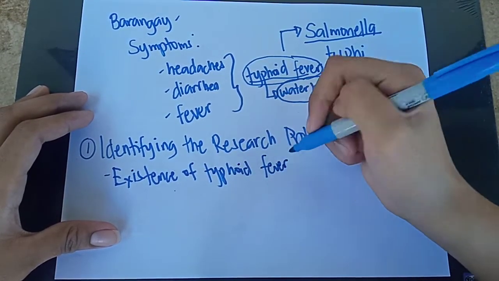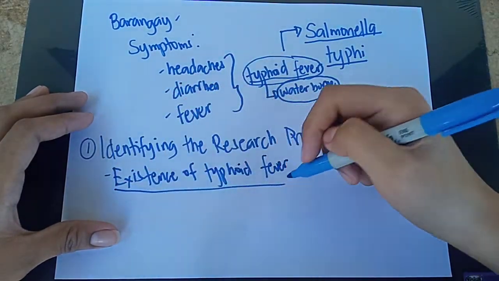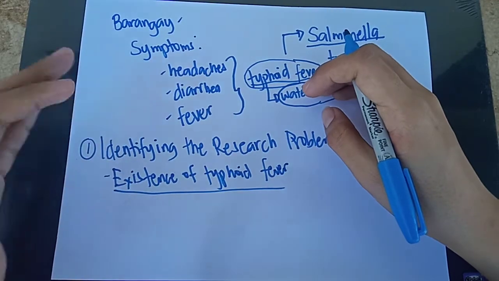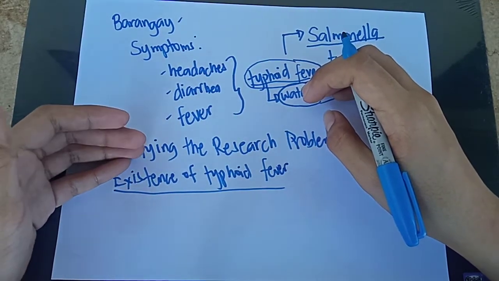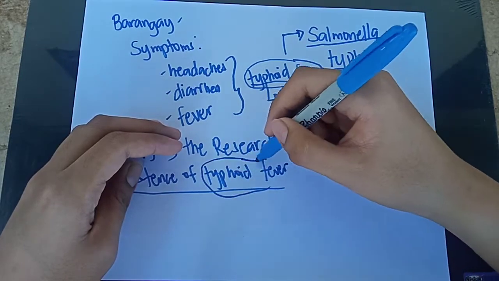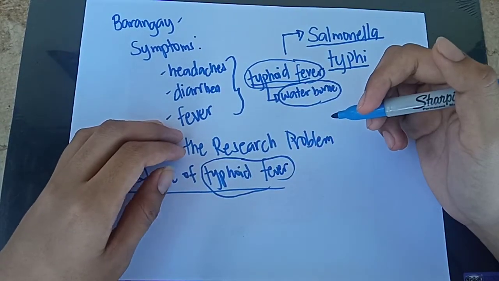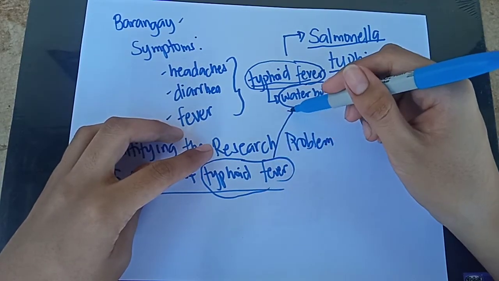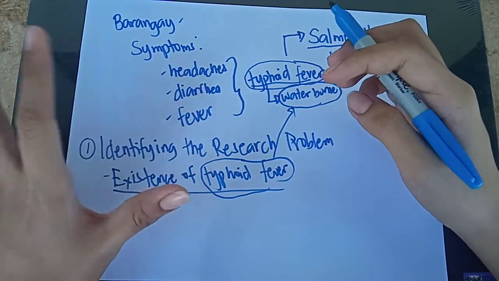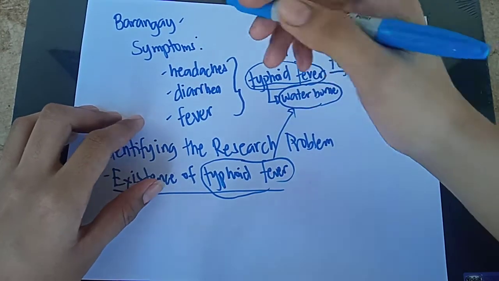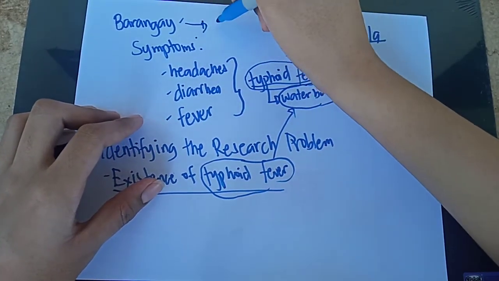But the existence of typhoid fever will not be possible without the knowledge where it came from. So why is there an existence of typhoid fever? Using our knowledge, we found out that typhoid fever is a waterborne disease. So let's say in that certain barangay, they use water obtained from the deep well.